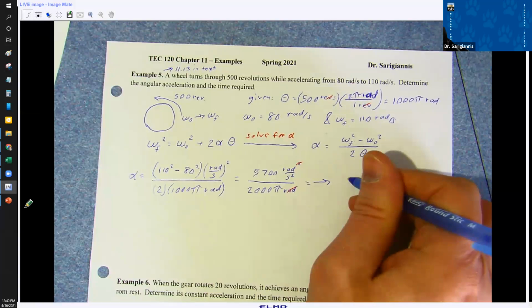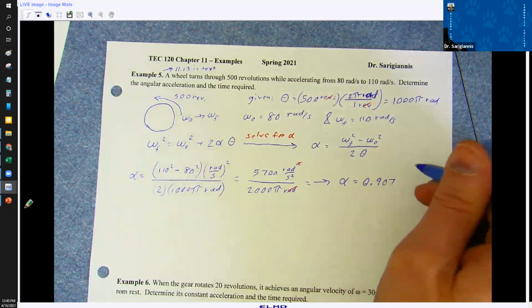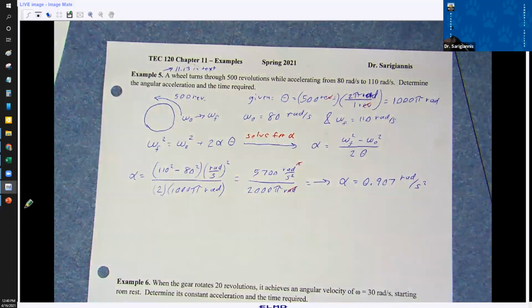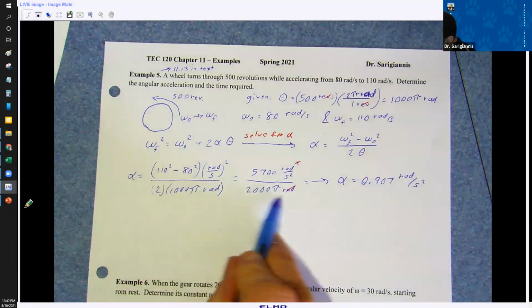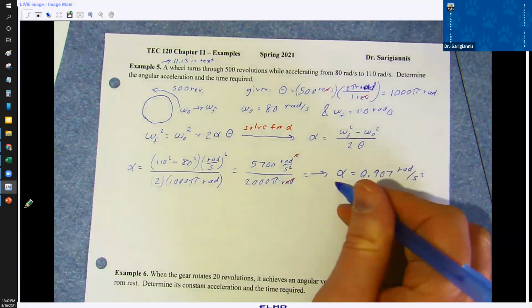You wind up with alpha equal to 0.907 radians per second squared. I just waited till the end because the pi is going to give me a bunch of different decimal places. This is the angular acceleration.